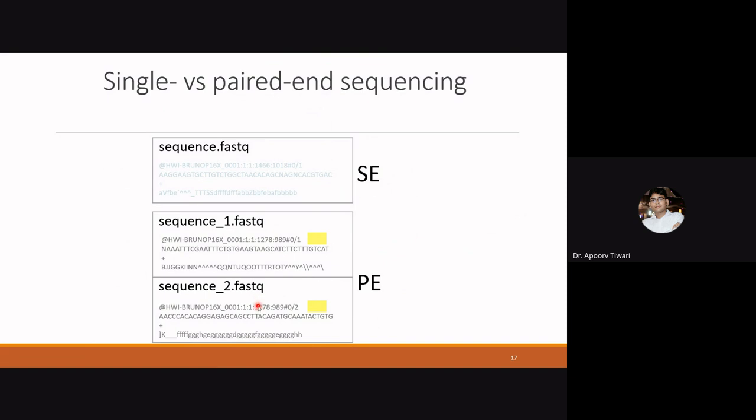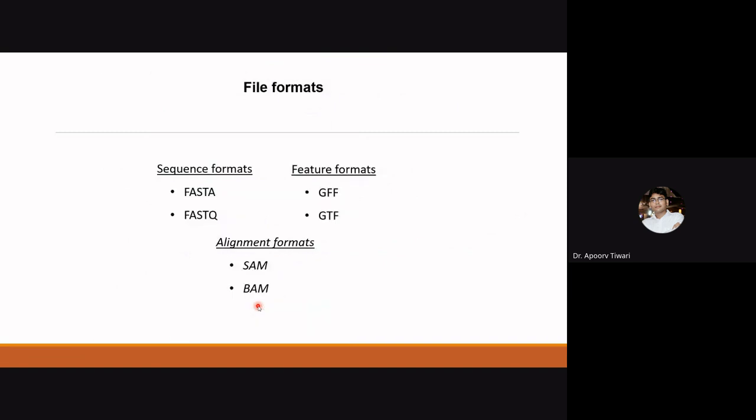These are the reads generated from the sequencer, and these are some file formats which are essential to know before analysis. The sequence formats are FASTA and FASTQ, the feature formats are GFF and GTF, and the alignment formats are SAM and BAM. These are all the file formats required for analysis of transcriptome data.